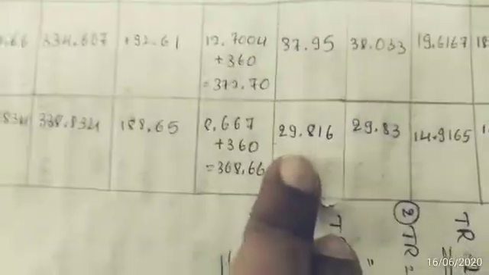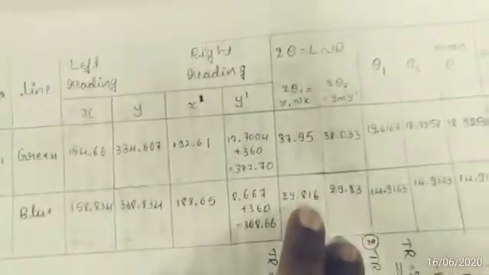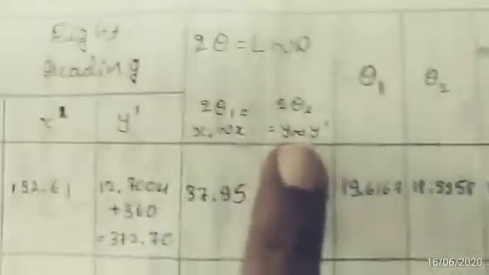Similarly, 2 theta 2 is equal to Y minus Y dash, that is equal to 38.033. For blue line, it is 29.816 and 29.83. I calculated 2 theta 1 and 2 theta 2 values.